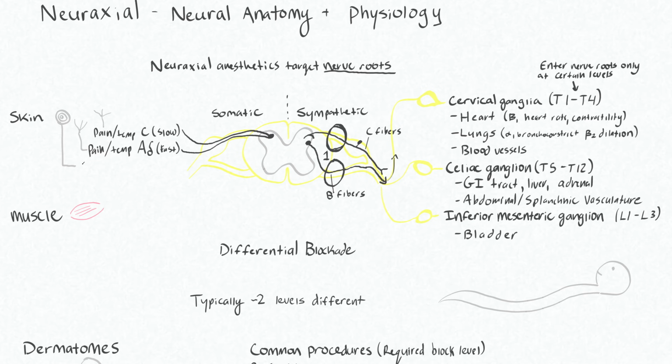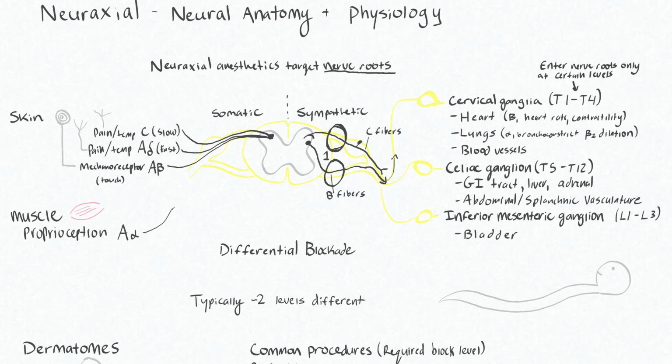And you have specialized mechanoreceptors, which use A beta fibers. These are relatively thicker fibers. Innervating your muscle, you have A alpha fibers, which send proprioception information.